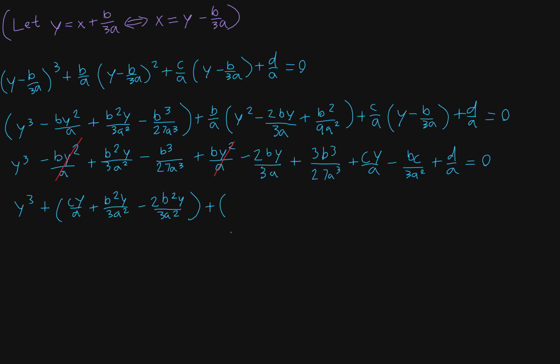Now these are the rest of the constants: negative b³/27a³ plus 3b³/27a³, see that there, and then minus bc/3a² plus d/a equals 0.